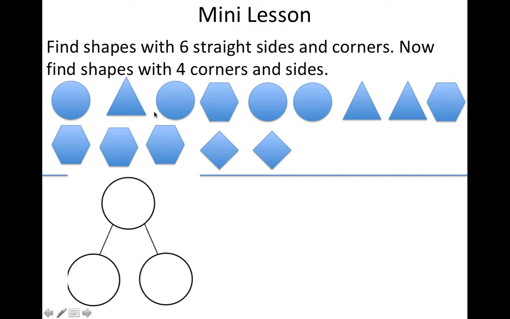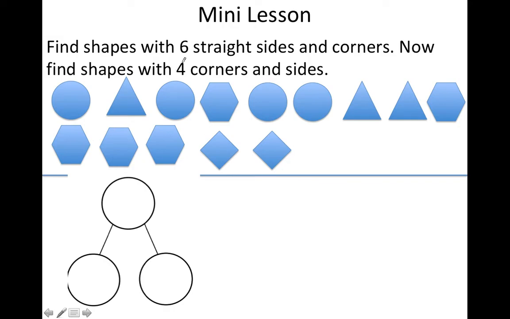Over here, the next question says, find shapes with 6 straight sides and corners. Now, find shapes with 4 corners and sides. For this, we do not have to draw the shapes, but what you will need to do is count. We are going to do a number bond with this.